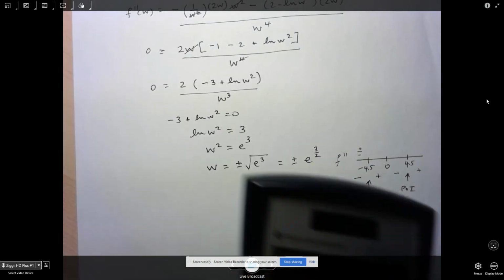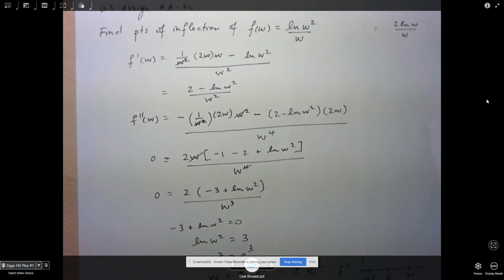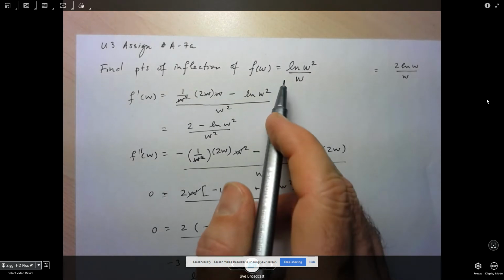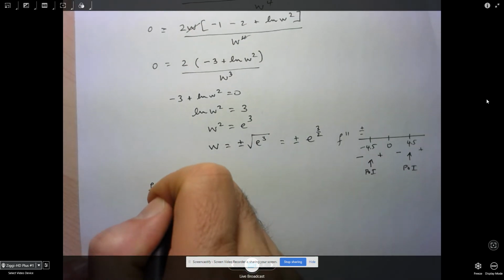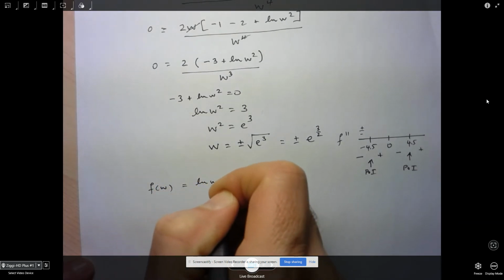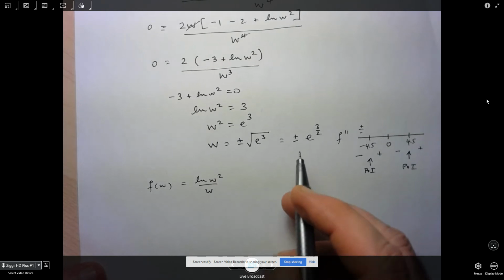All right. Now, since they technically asked us for the points of inflection, we should be finding the y values. Okay, so let's go back to the original function, ln w squared over w. So we'll write this out here. All right, so let's put in e to the 3 halves.